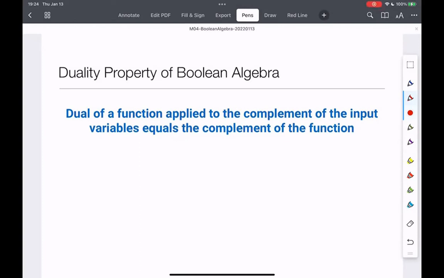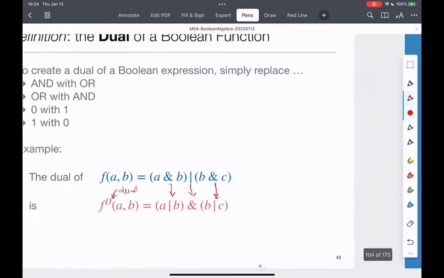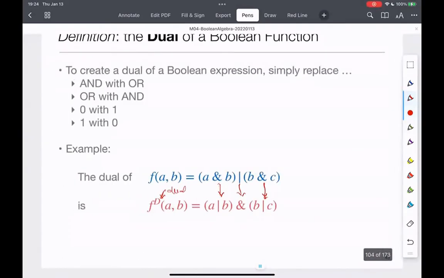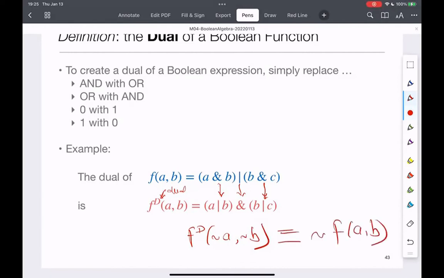If I take a function and I take its dual, so in the example here we had F of A, B and the dual of A, B, then it's saying if I take the dual, but instead of using the inputs as they are, I complement the inputs, that is, I do F^d of not A, not B, then it's the same thing as not of F. Okay, that's what it is saying.